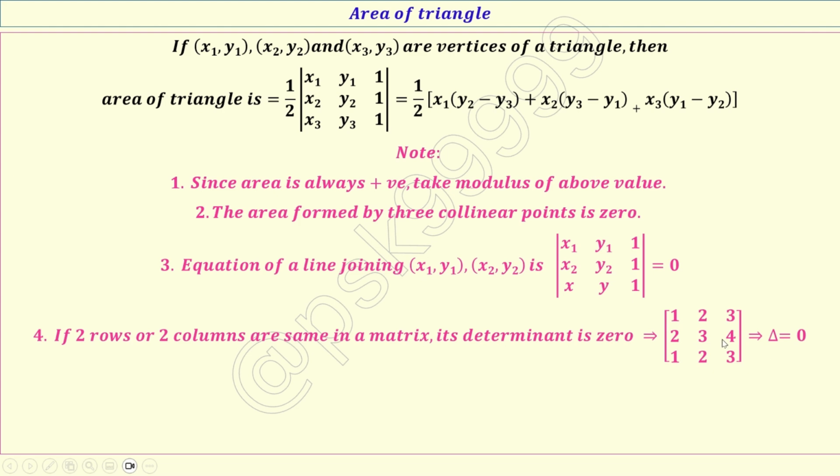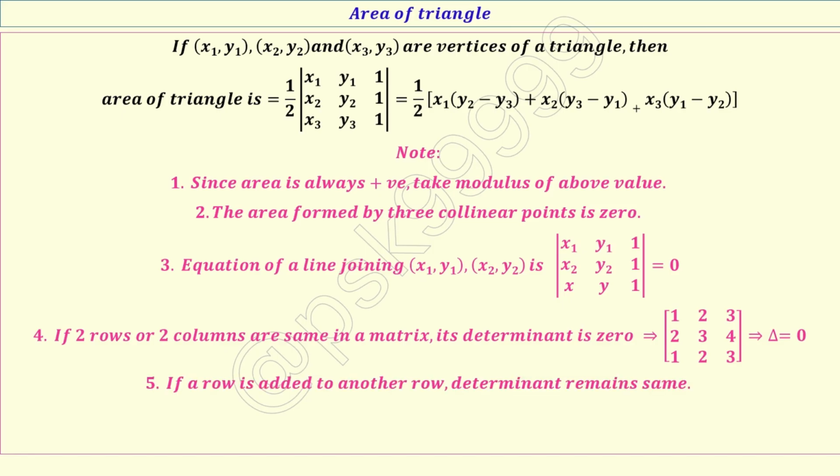Here the first row and the third row are the same, so I am taking the different row. If I take 2 into, and I have my other values 1 2 2 1, I'll get a 0 here. 2 3 2 3, I'll get 0 here. 1 3 1 3, I'll get a 0 here. So you will get determinant 0 if any two rows are the same or any two columns are the same.